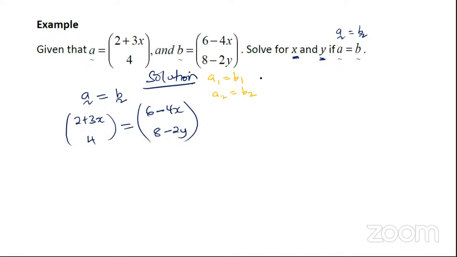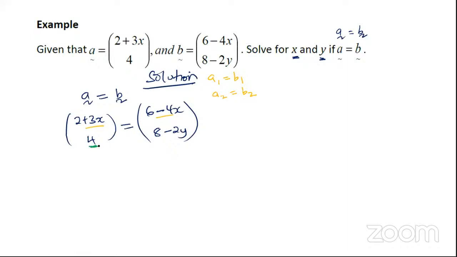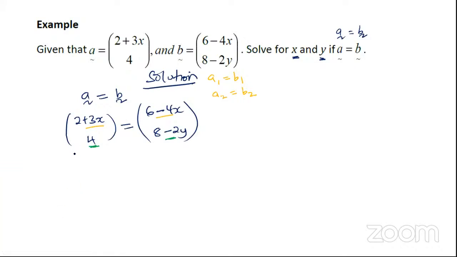So this one is equal to this, and also this 4 is equal to the 8 minus 2y. That's what it means. So we move ahead and answer, having known that. Therefore, we shall have 2 plus 3x being equal to 6 minus 4x. This is our first equation.